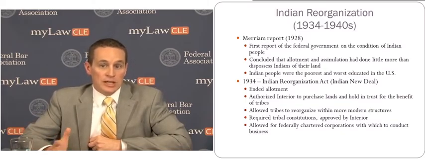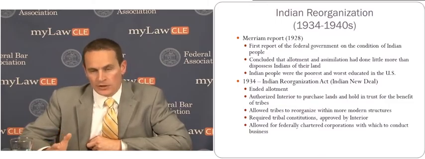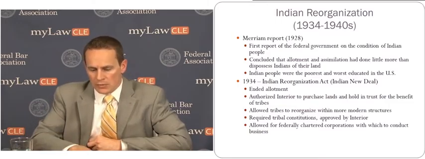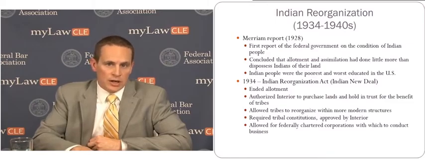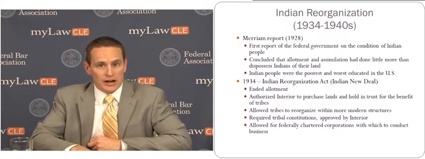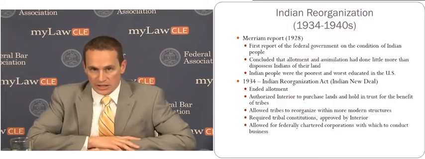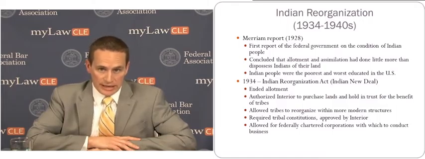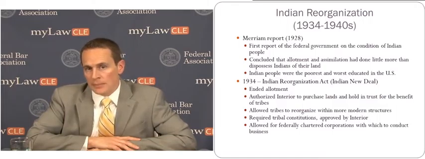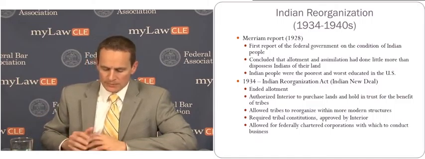And this was the Indian New Deal. So this was part of Roosevelt's New Deal package. And so they wanted to address these really severe problems that had come about because of the allotment policy. So first thing the IRA did was it ended allotment. And then it authorized Interior to purchase lands for tribes that had been lost through allotment and hold those in trust for the benefit of tribes.